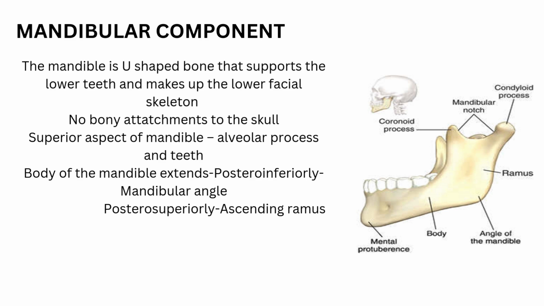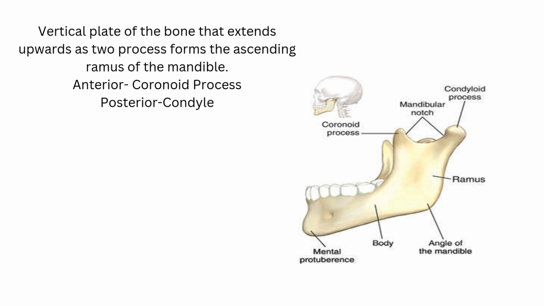Correct? Now, where is this mandibular angle actually situated? Posteriorly and inferiorly, that is in the backside, inferior and downward region, you will see the mandibular angle, and posteriorly and superiorly you will find the ascending ramus, which is shown in the picture. Got it? Now the vertical plate of the bone extends upwards and forms two processes.